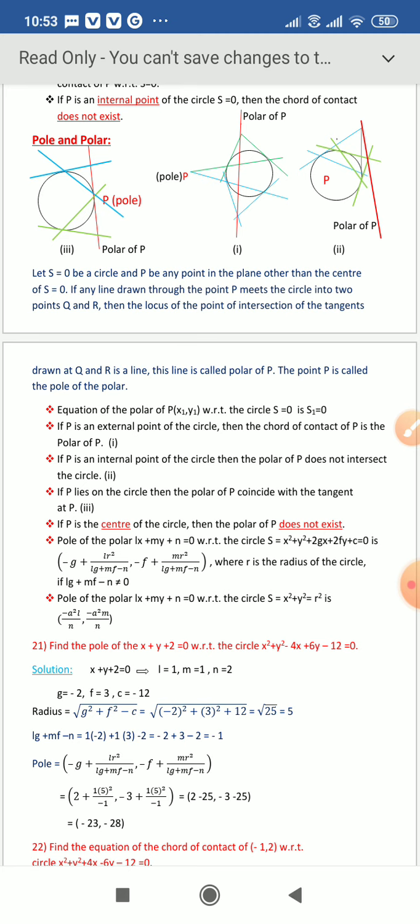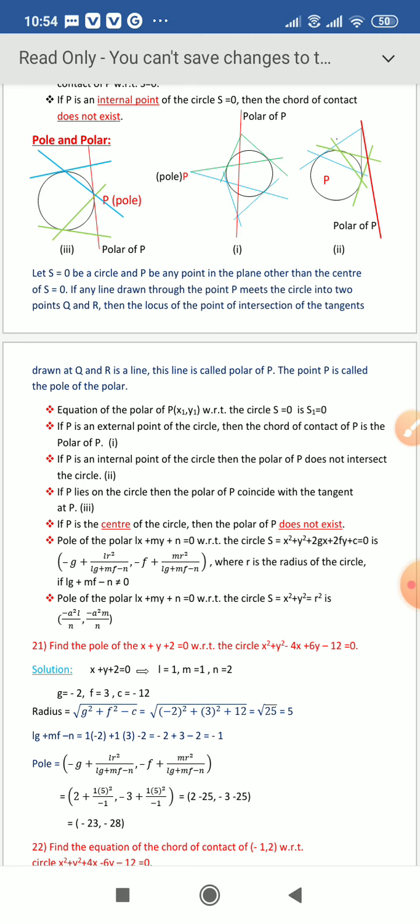The secant line drawn from P cuts the circle at Q and R. So at that Q and R, we draw tangents. The locus of the point of intersection of those tangents is the polar of P.